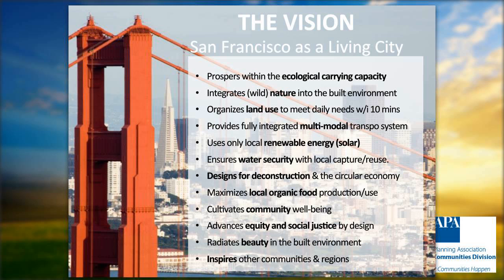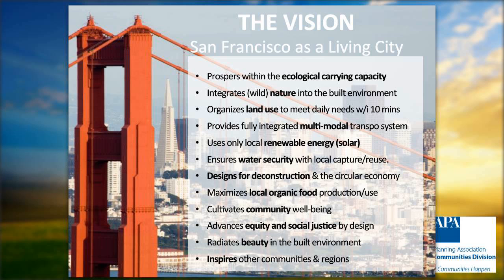It's a city that prospers within the ecological carrying capacity of the city and the larger bioregion, that integrates wild nature into the built environment, that organizes land use to meet daily needs, maybe within a 10-minute radius or so of walking, maybe biking also. Provides a fully integrated multimodal transportation system, not just a selection of modes, but a multimodal transportation system that can meet the trip generation of the land use pattern itself in total.